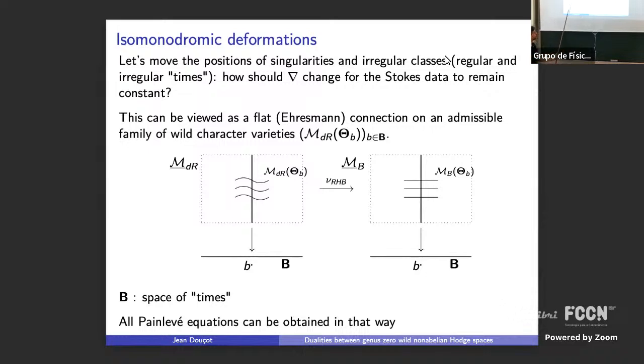So right now it's more like a heuristic picture, and I don't think this passage has been rigorously done for any irregular types.